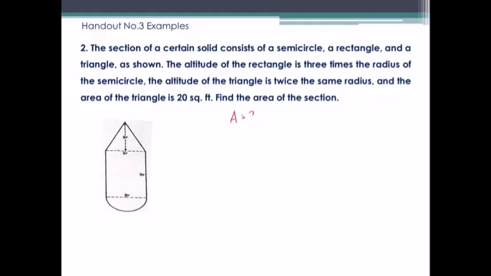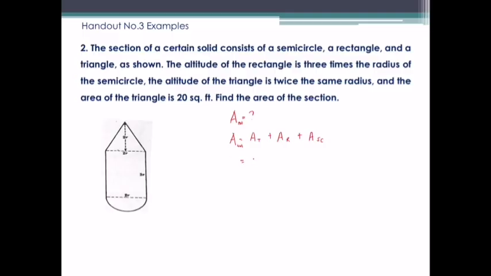Okay, let's name this total area. Our plane figures are a triangle, a rectangle, and a semicircle. So the total area is the sum of the area of the triangle, the area of this rectangle, and the area of the semicircle. It is half of the circle already.